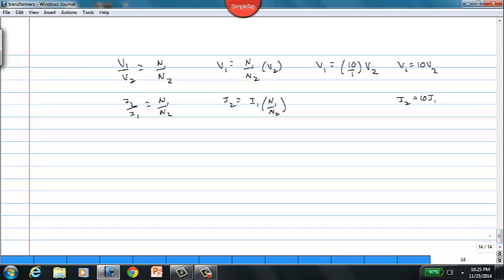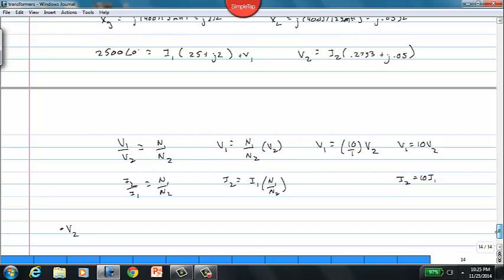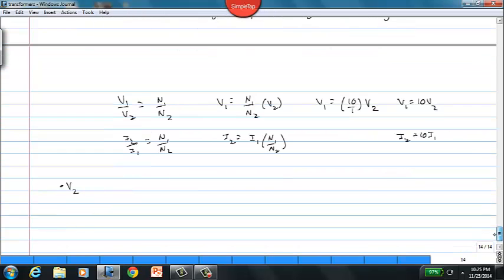Starting with the first equation we had again, V2 is equal to I2 times 0.2753 plus J0.05.